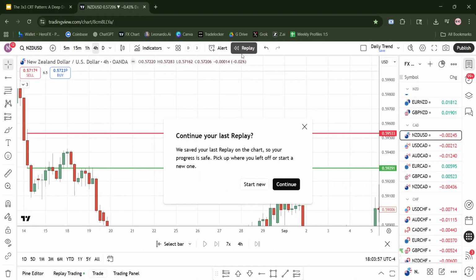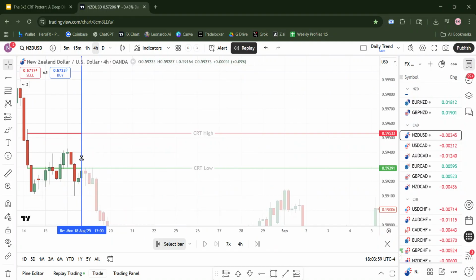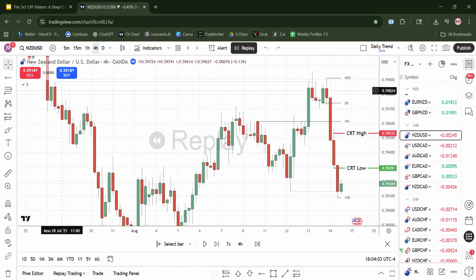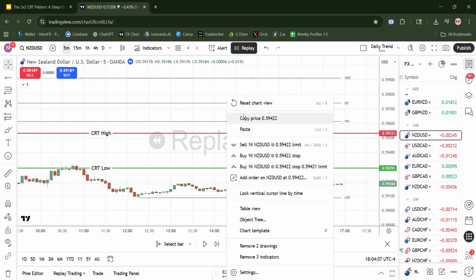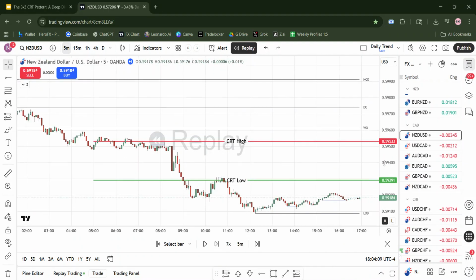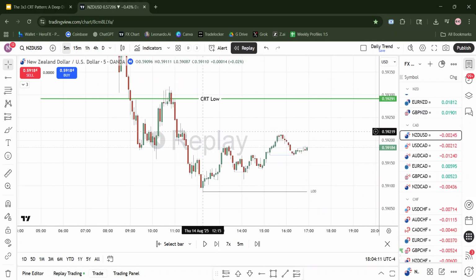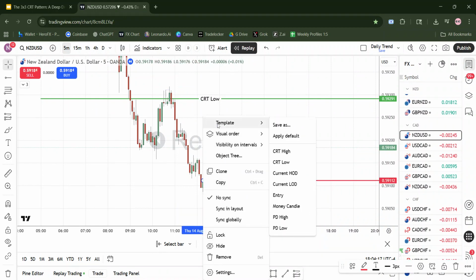So let's go to our entry. Actually, let's do the replay and see what we can see on this one. 5 minute. I want the low of the day. The low of the day came at 12:15. It's a money candle.